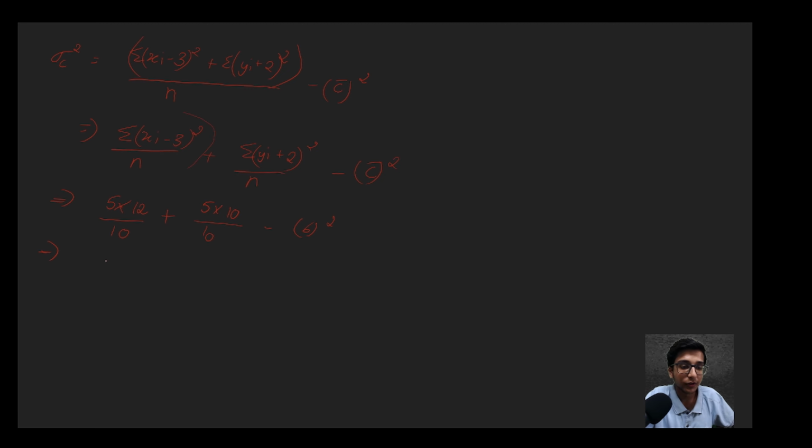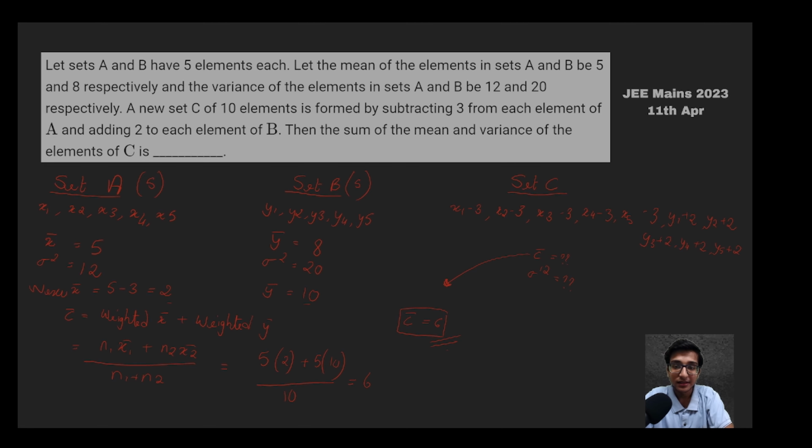So from here we would get 6 plus 5 minus 36, which would turn out to be 25, minus 25. Now I hope you understand that minus 25 cannot be the answer. Variance cannot be equal to a negative number.